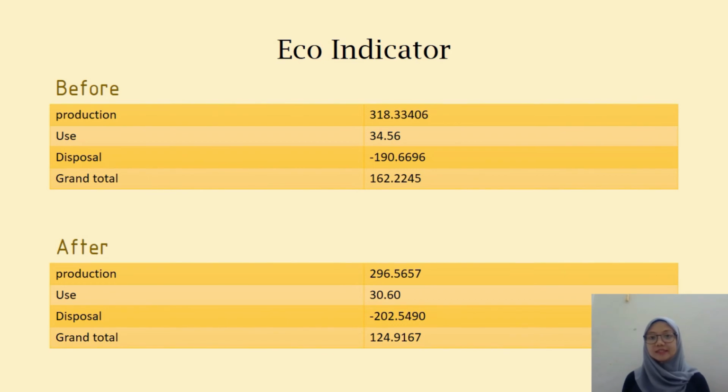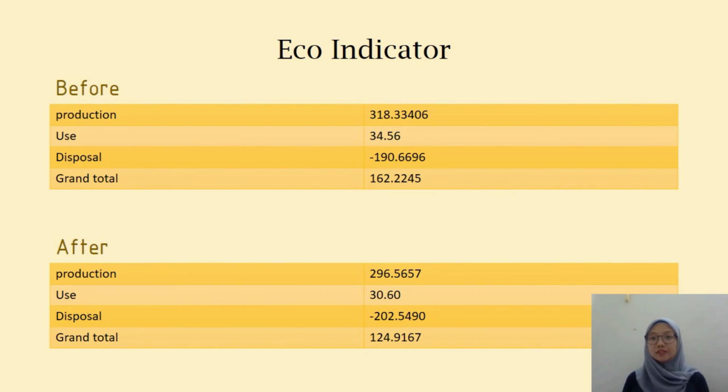If we see the production before redesign, the value is 318.33406, while after the redesign, the value of the production is 296.5657. The value of use before redesign is 34.56. After we redesign, the value of use becomes 30.60.